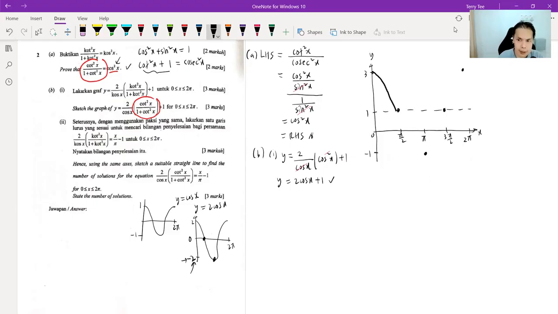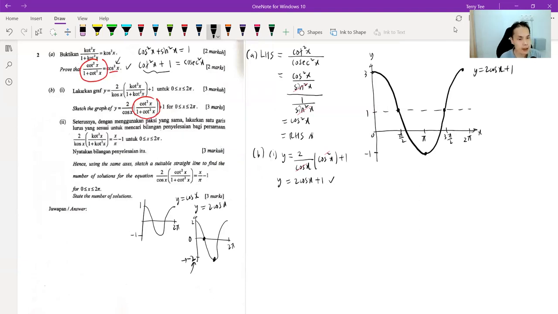Let me just draw like this. Down. A bit too far. This way. Up. Okay, this way. All right. My maximum is 3. So from here, I got the graph of y equals 2 cos x plus 1.